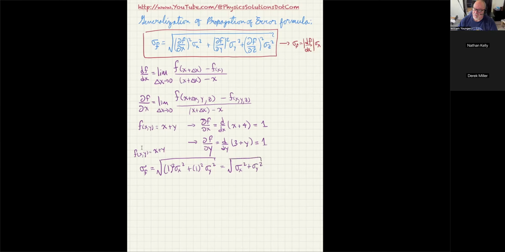So that is the formula for the propagation of error when you add two numbers. If you add x plus y or if you add y plus x, you're still going to get the same result.